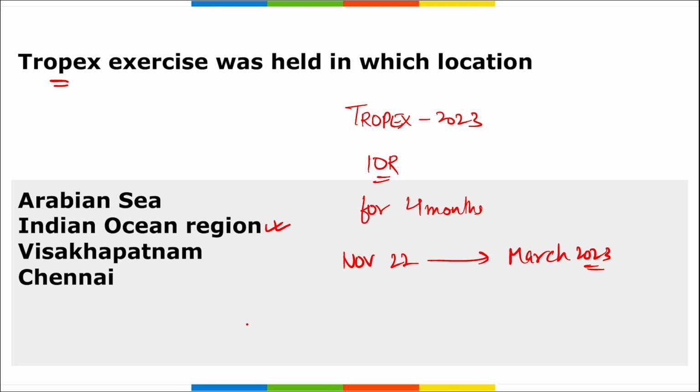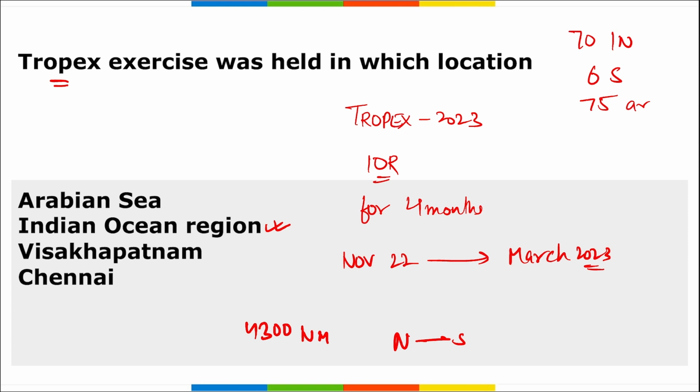Important is the location. It extended around 4,300 nautical miles from north to south. Apart from this, over 70 Indian Navy ships, 6 submarines, and nearly 75 aircraft took part in this Tropex exercise.